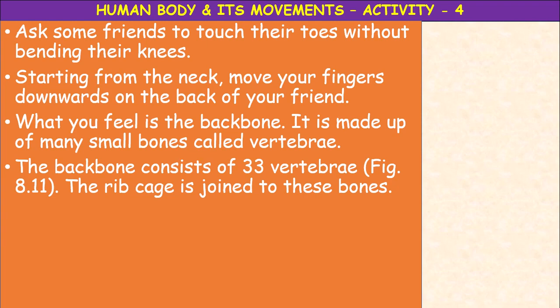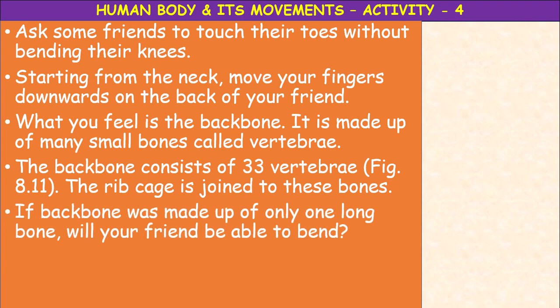How many small bones are present in the vertebral column? 33. What do you call those small bones? Vertebrae. The rib cage is joined to these bones. If the backbone was made up of only one long bone, would your friend be able to bend?